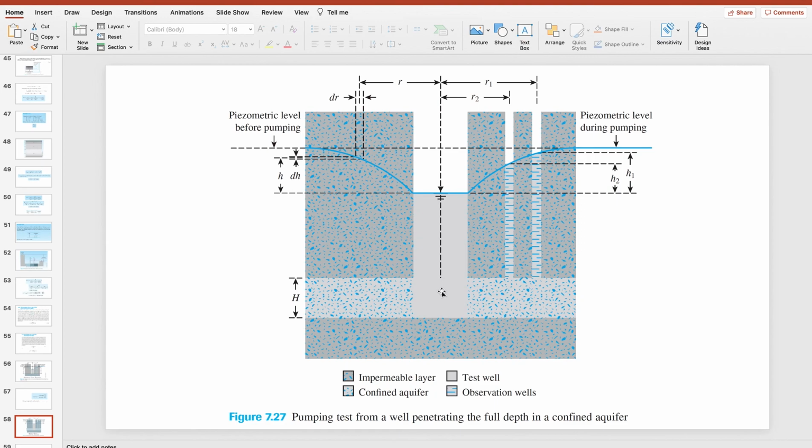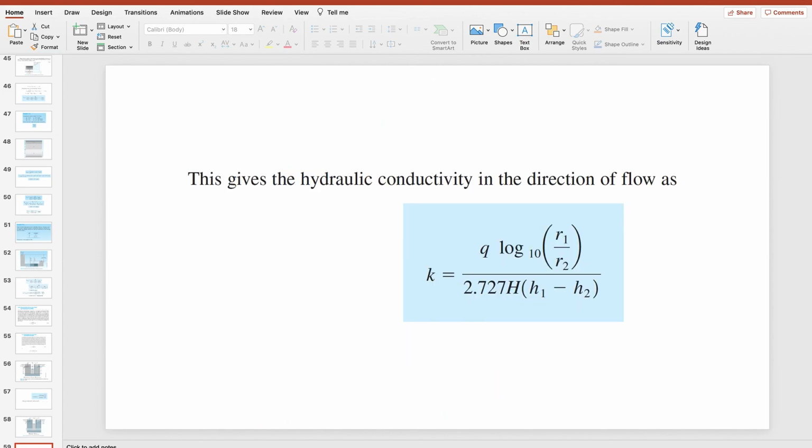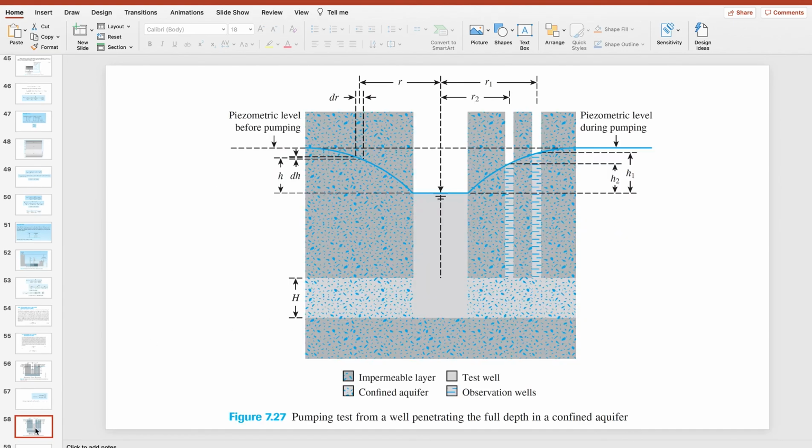Therefore, ang gagamitin nating equation would be this. K is equivalent to Q log base 10 R1 over R2 divided by 2.727 times H1 minus H2. I repeat, this is for wells which have a confined aquifer underlain by an impermeable layer. Okay?